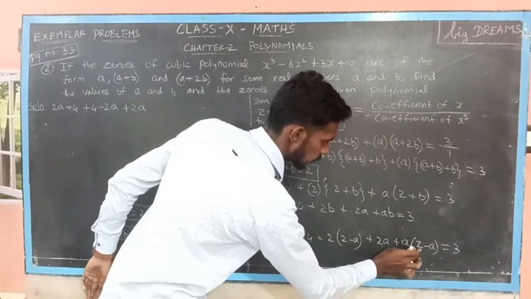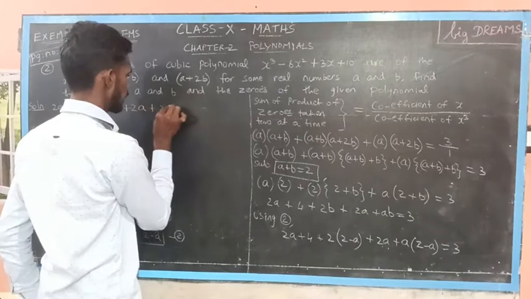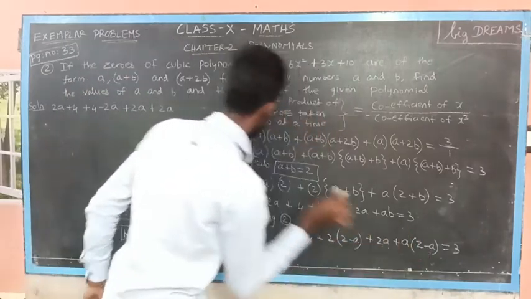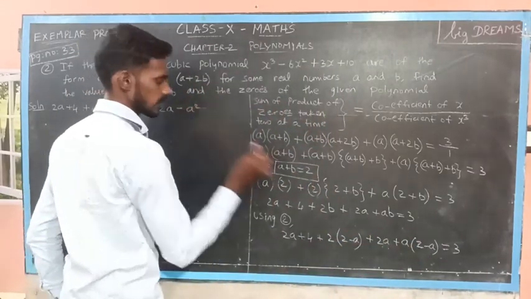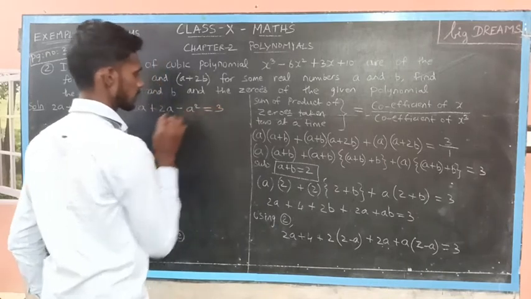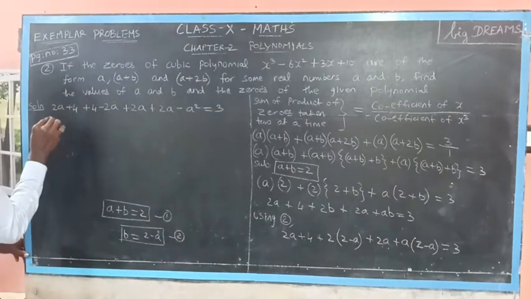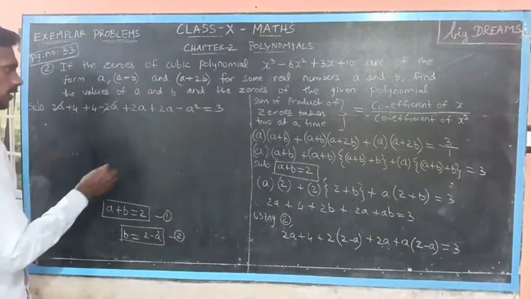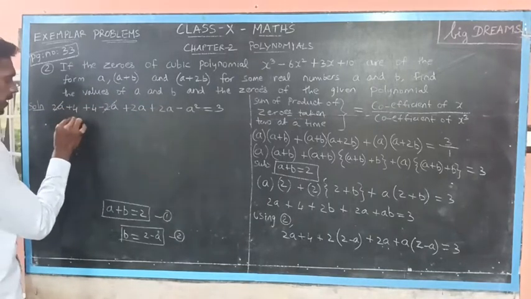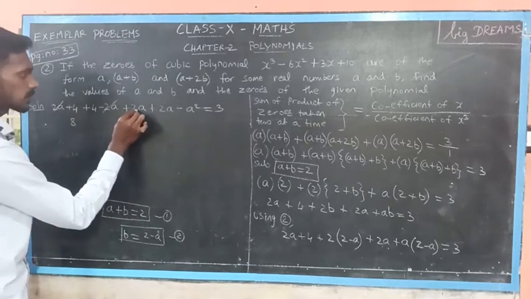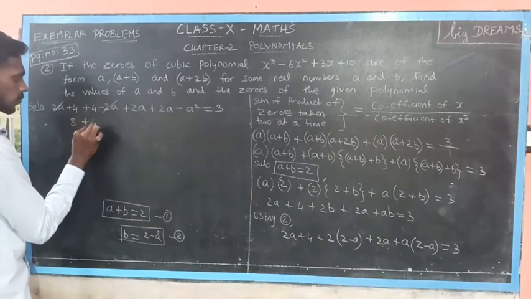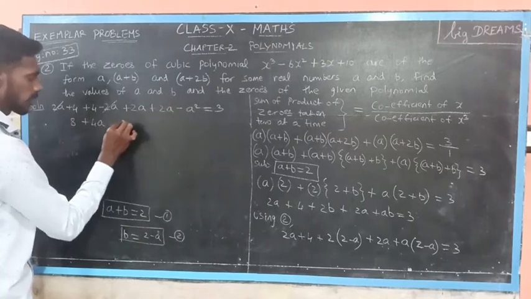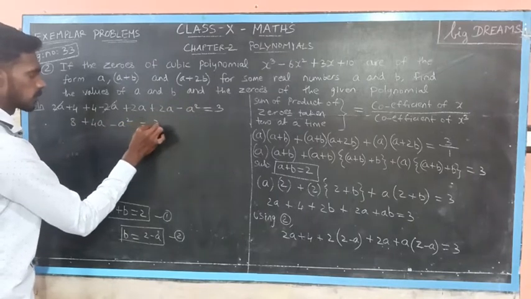Here a into 2 becomes plus 2a, then a into minus a becomes minus a square, which is equal to 3. Now, simplifying this, plus 2a minus 2a will be cancelled, then 4 plus 4 becomes 8, then plus 2a becomes plus 4a, minus a square is equal to 3.